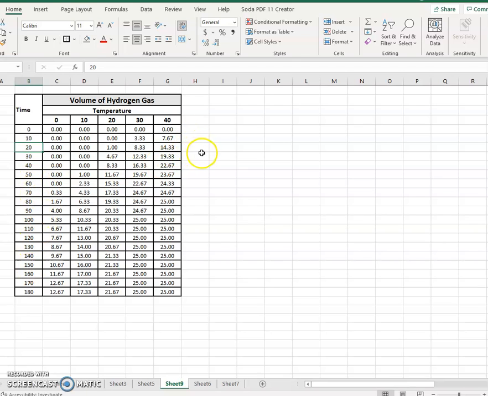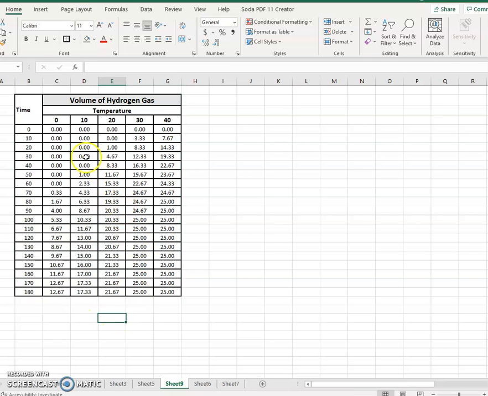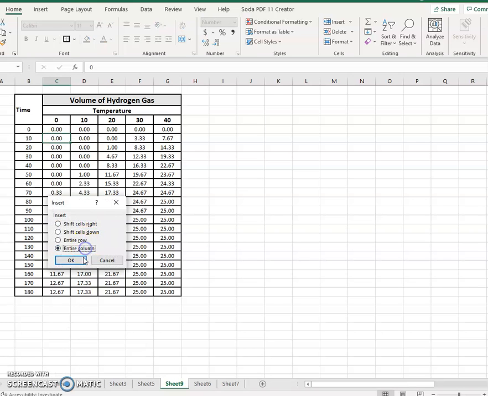The first thing you need to do to calculate the rates of reactions, like I said, is get your table of average values, and then you are going to insert some columns. We want there to be 3 columns underneath each temperature value. You just right click and press insert column like that.